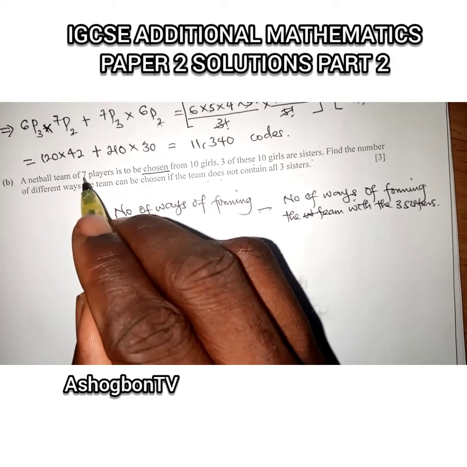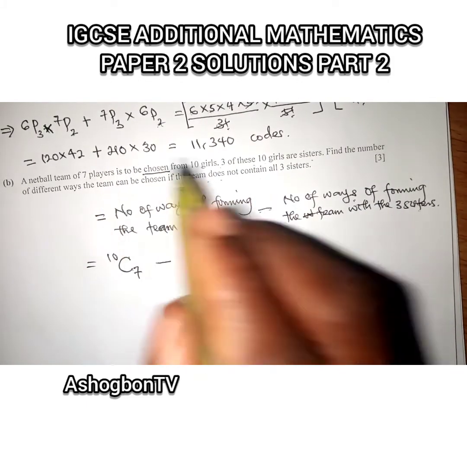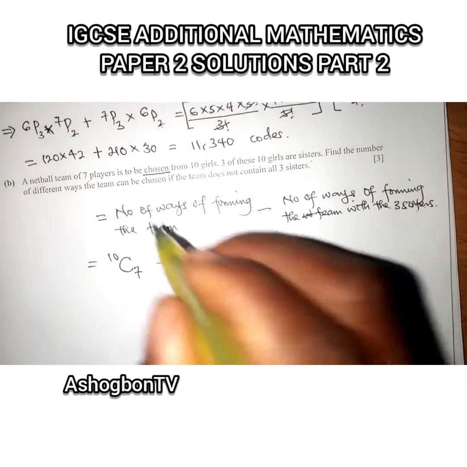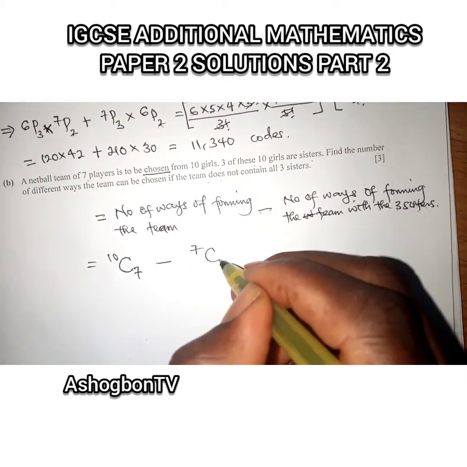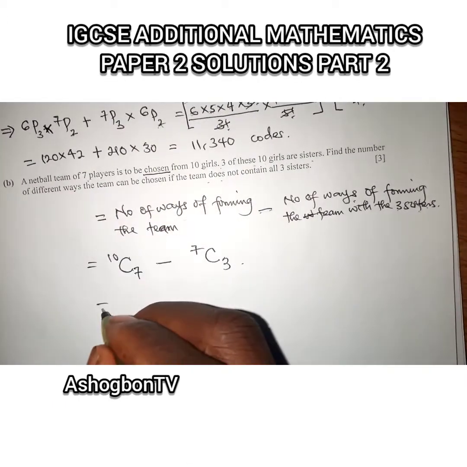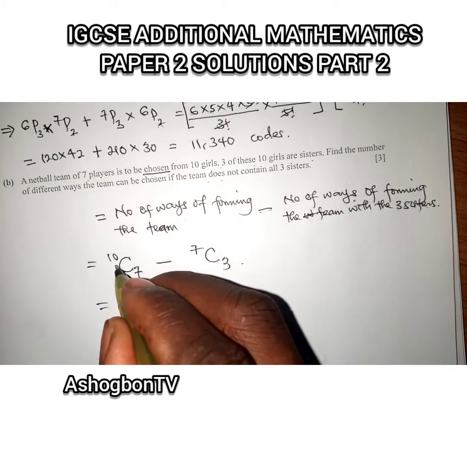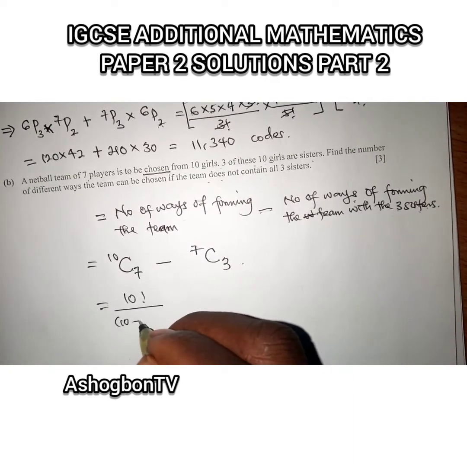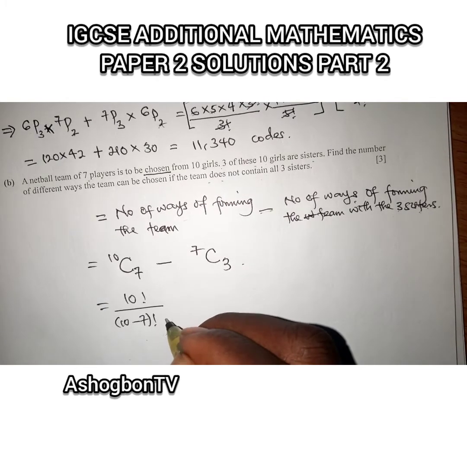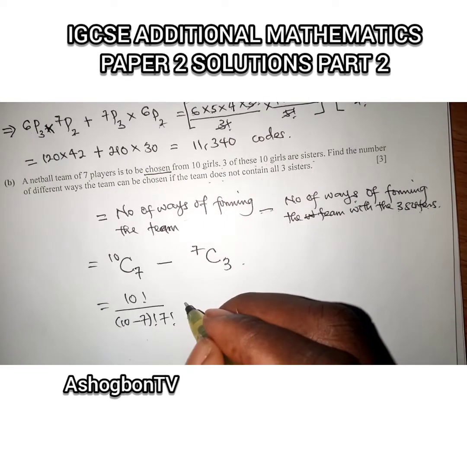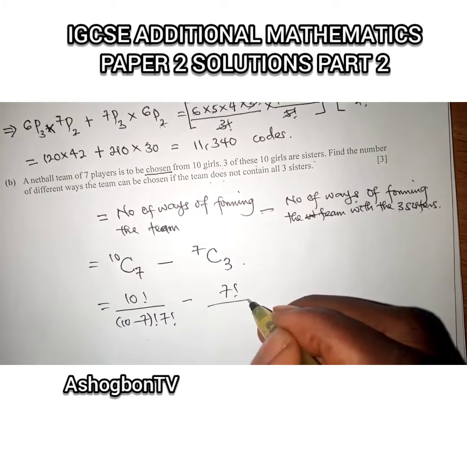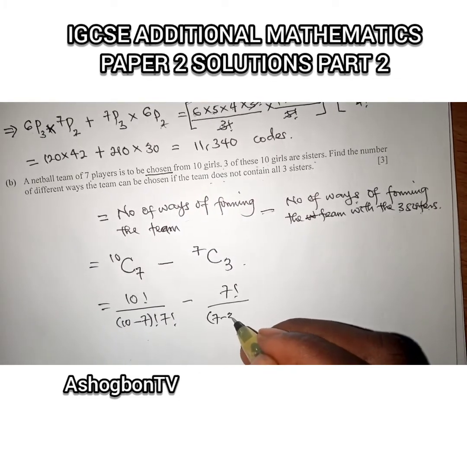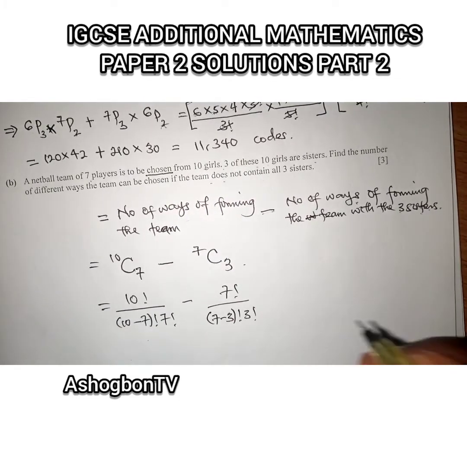We want to form a 7-man team, and we want 3 sisters to be among them, so that means I have 7 combination 3. So if that is the case, I have 10 combination 7, which is 10 factorial over 7 factorial 3 factorial, minus 7 factorial over 7 minus 3 factorial 3 factorial.